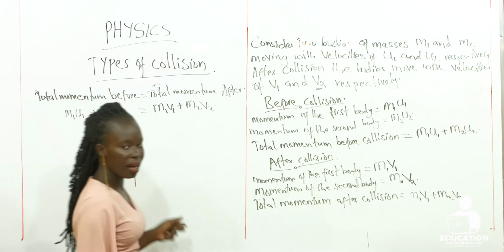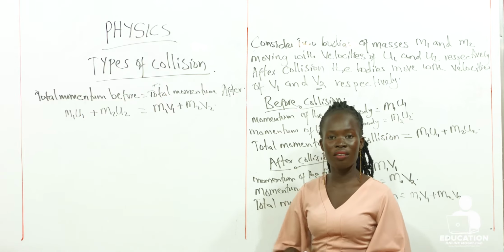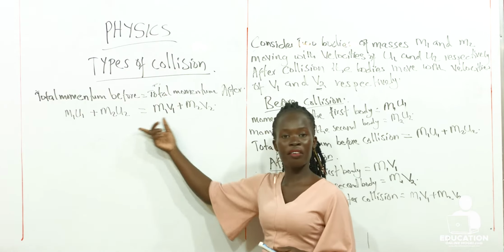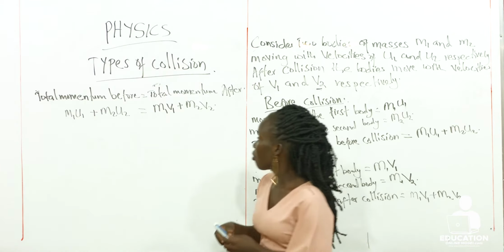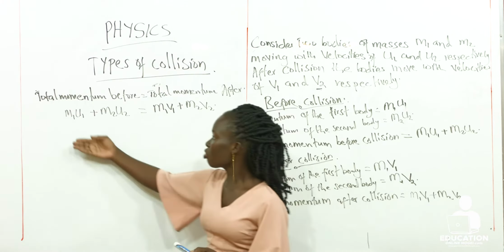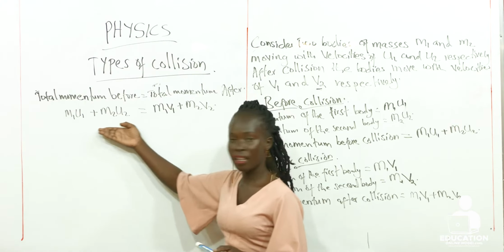You'll see that here, with the elastic collision, it is a bit different from the inelastic, because with the inelastic you saw that the total momentum before collision is like that.